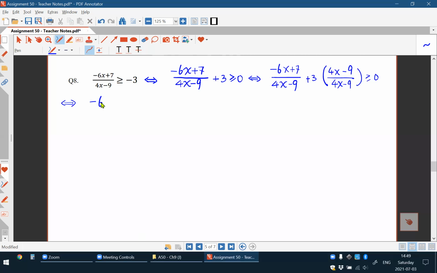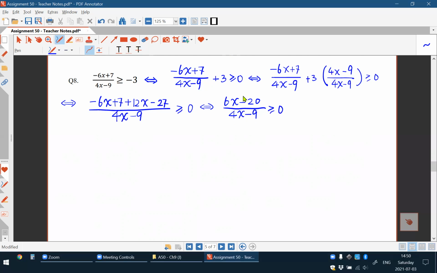Okay, so its numerator is minus 6x plus 7 plus 12x minus 3 times minus 9 is 27, over common denominator 4x minus 9, greater than or equal to 0. And this is equivalent to 6x minus 20 over 4x minus 9 greater than or equal to 0, right?